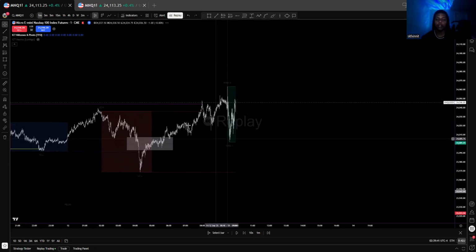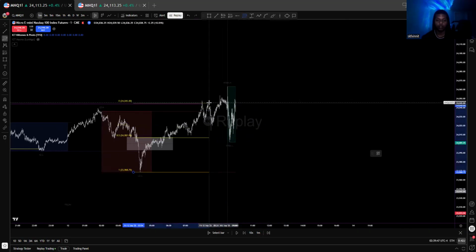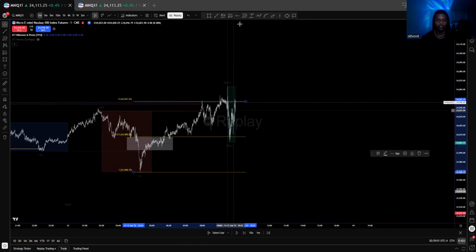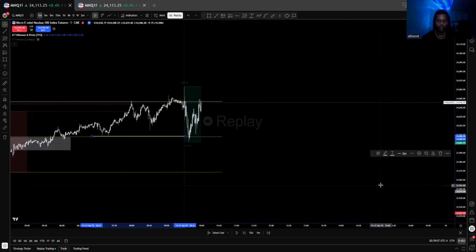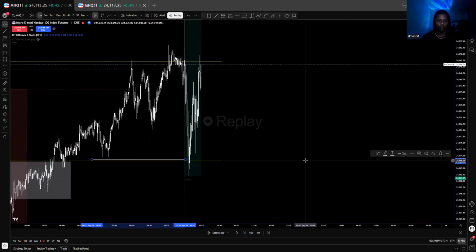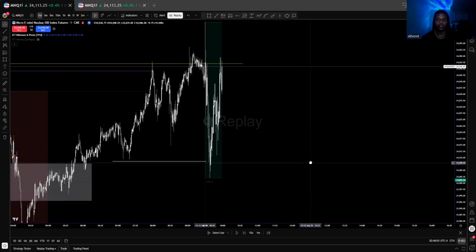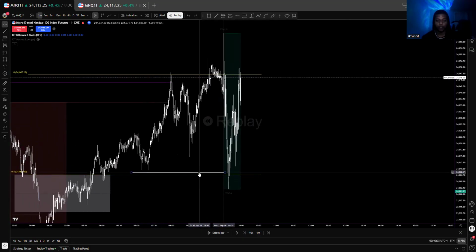This was Blake, and he actually explained it really well. He marked out this range. Once price came back into the 50%, that's the key level for the market open to get swept. This is a sweep below, sell side liquidity.